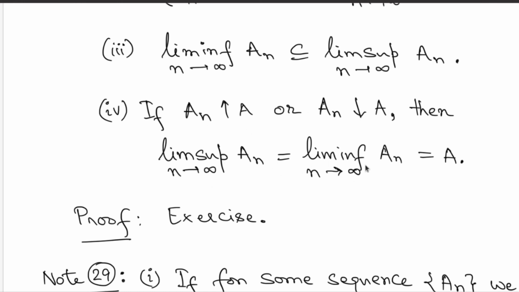So limit superior will equal limit inferior in the case the sequences increase or decrease, and it will actually give you the set A. If you are taking increasing sequences of sets, then A will become the complete union. So then limit superior and limit inferior both will be the complete union. If An's are decreasing, then it decreases to the complete intersection, and therefore limit superior and limit inferior will match and will be the complete intersection. So try to work this out. That is left as an exercise. These are very simple exercises involving set operations.